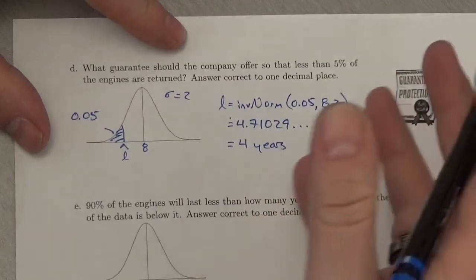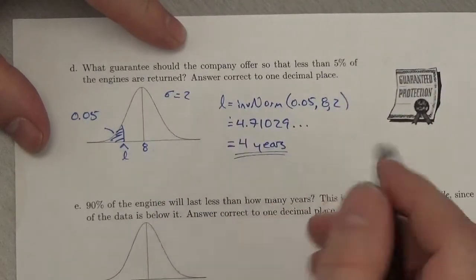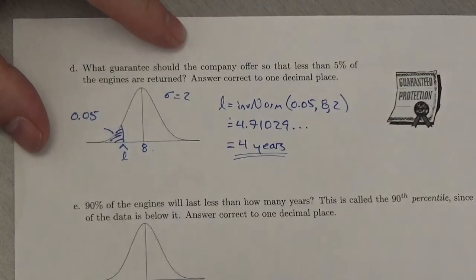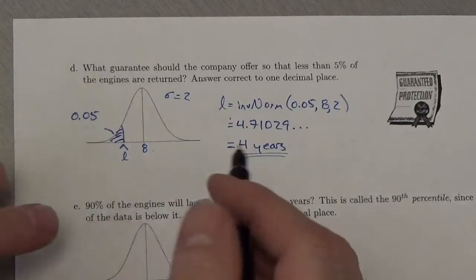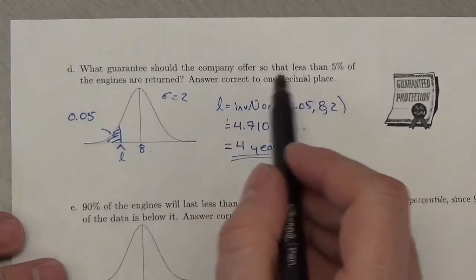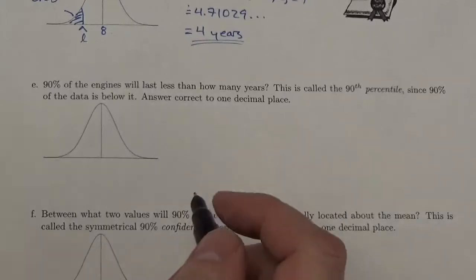I am going to round that down to get my warranty. I hope that makes sense, because that kind of rounding is a little bit weird, but I don't want to be replacing more than 5%, and that's why the question is worded the way it is, so that you are replacing less than 5%.